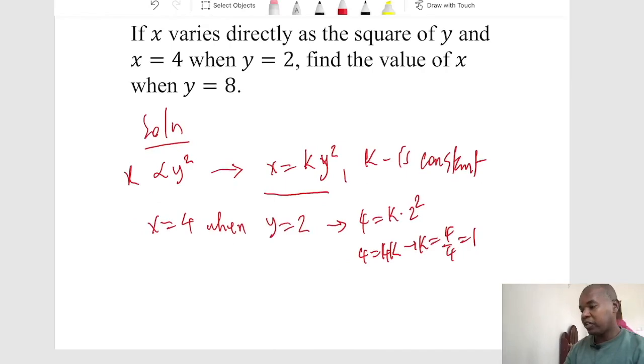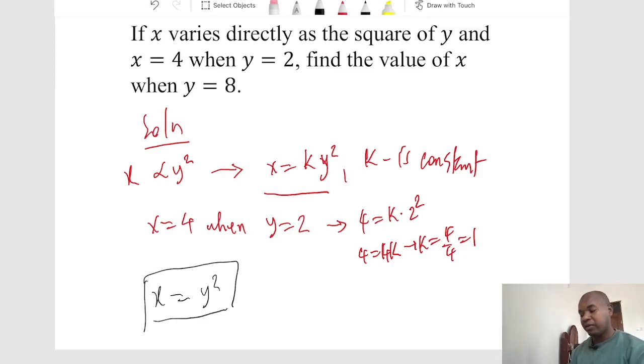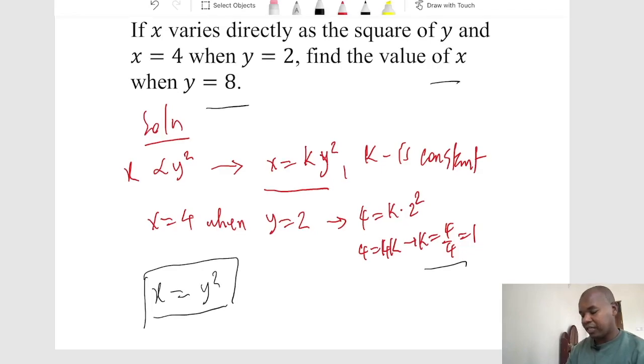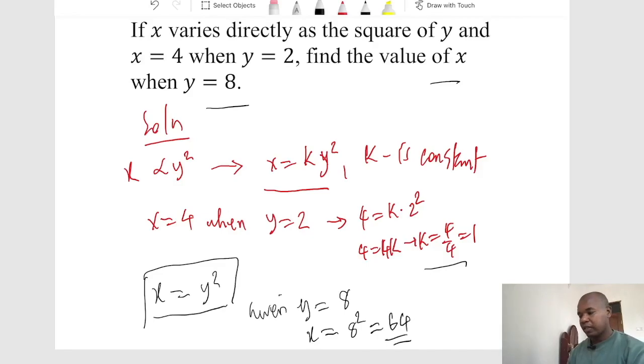So the equation connecting y and x is x equals y squared, dear students, because the value of the constant is 1. Find the value of x when y equals 8. Given y equals 8, x will be 8 squared, which is equal to 64. So the value of x is 64. So that is example number 2.